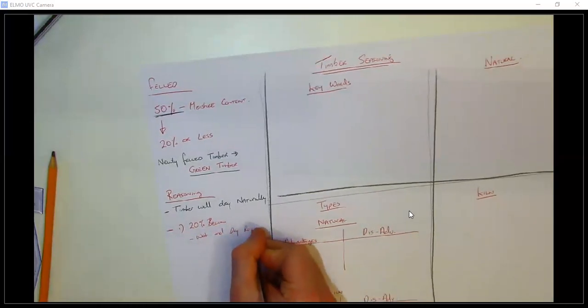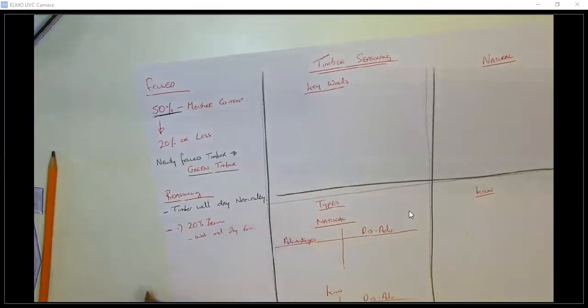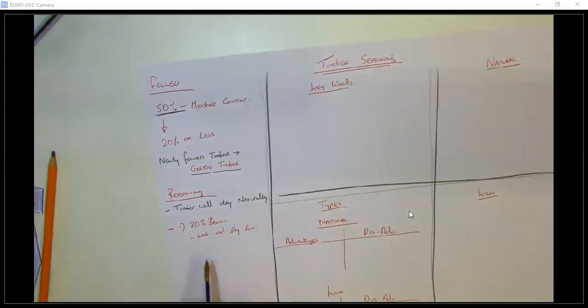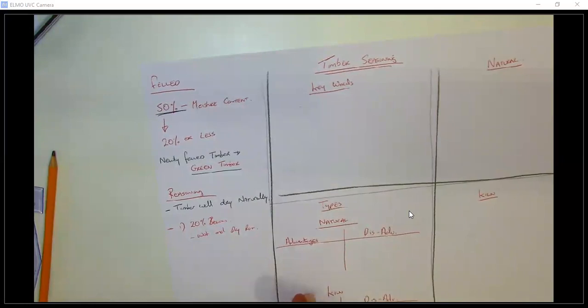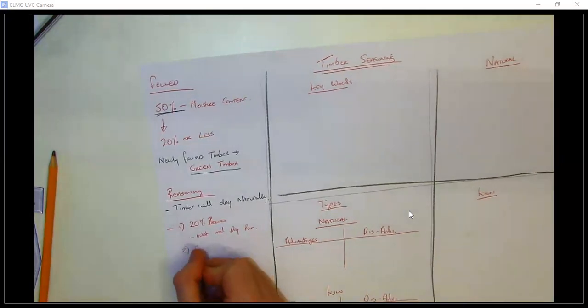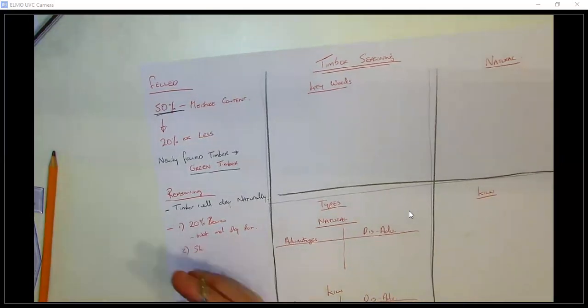If the moisture content of the wood is below 20%, you're not going to get any diseases or very little defects. So the wood is going to be a lot cleaner. When you're using it for furniture, it's not going to shrink, or it's not going to distort, as we call it.